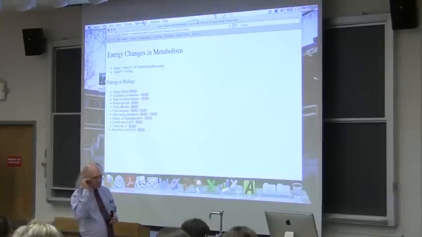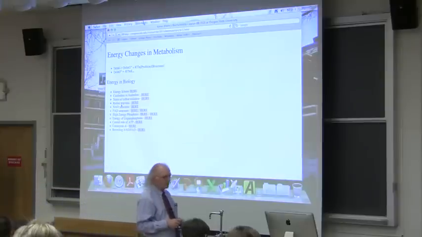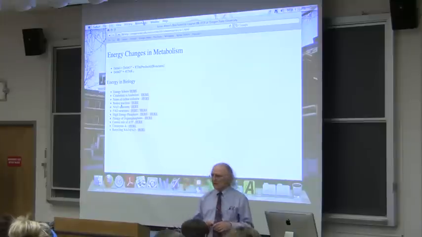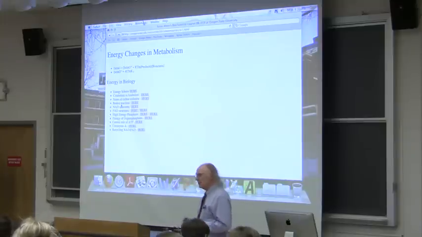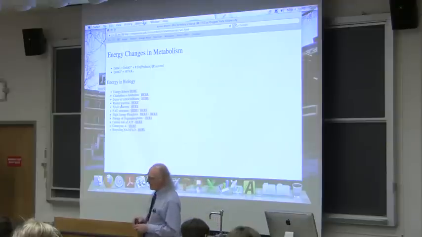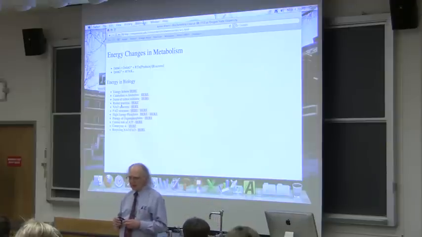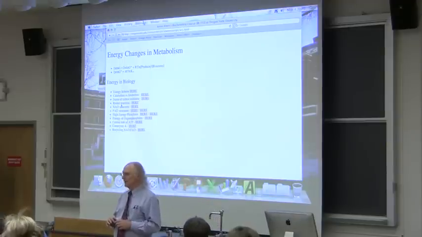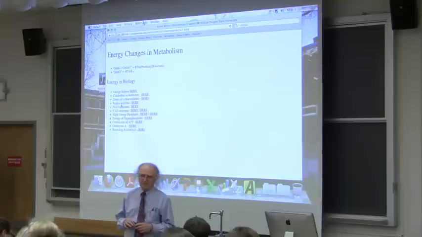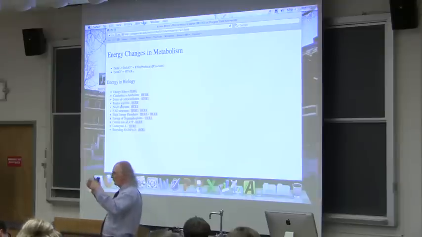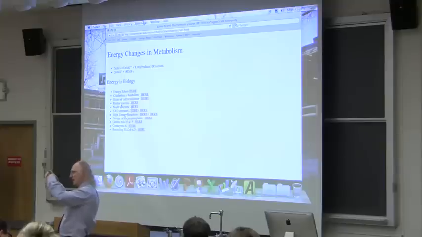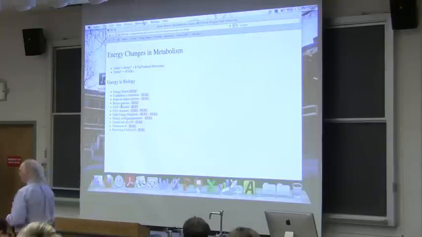Now, as I mentioned earlier when I talked about this equation, equilibrium does not mean equal amounts of products and reactants. Get that in your head. Okay? Equilibrium simply means that the forward reaction is going as fast as the backwards reaction. There might be 10 times as much product as there is reactant.